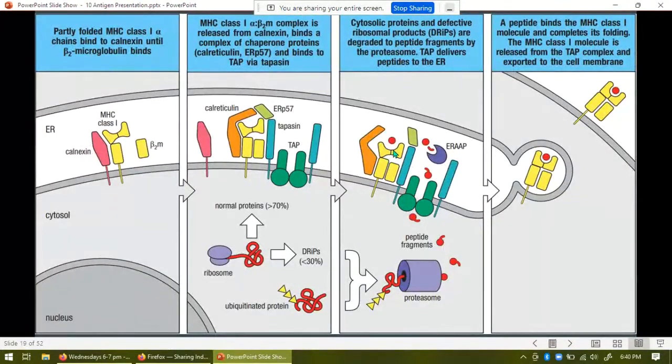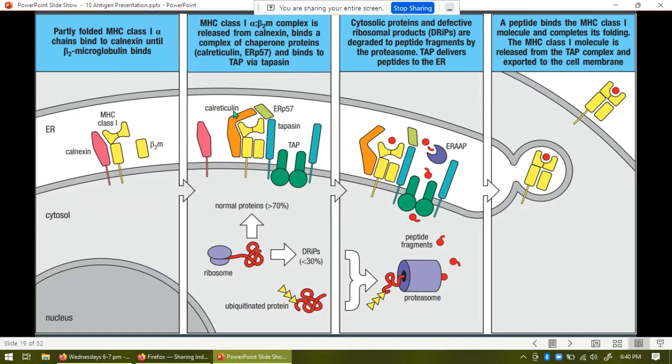So let's take a look at this giant complex in our first two steps that I've outlined so far. So MHC1 is synthesized across the membrane where it first binds to calnexin, and then it binds to beta-2 microglobulin right in here. Okay, calnexin is then released, and the peptide loading complex associates.